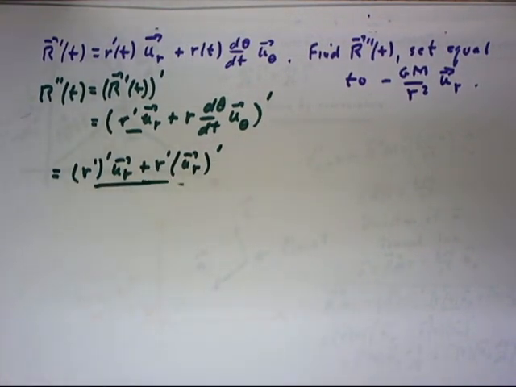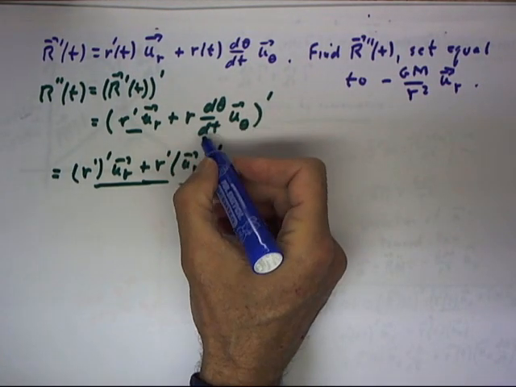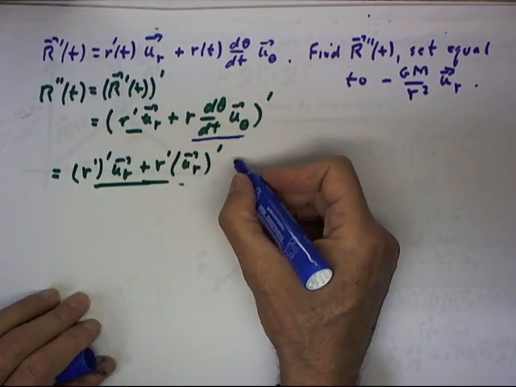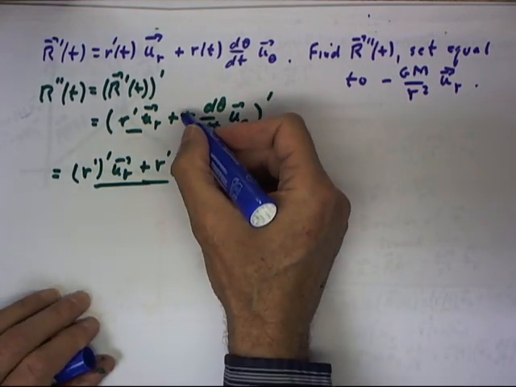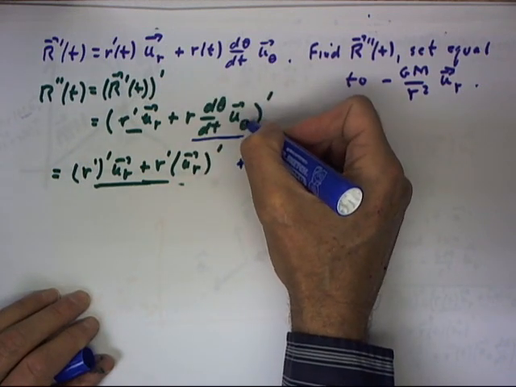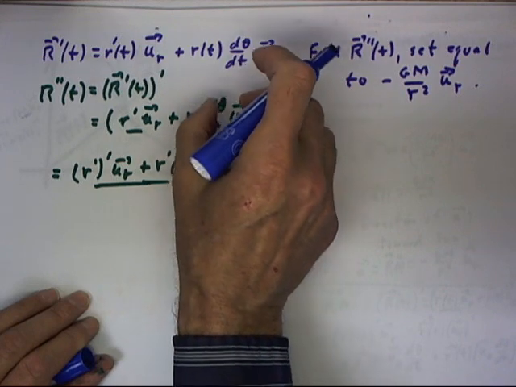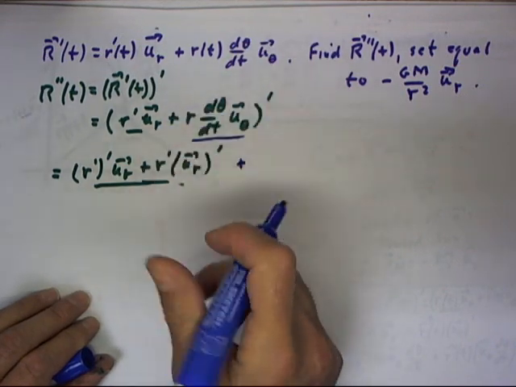Now, switching color, let's write out the derivative of this term. So that's going to be what? Let's regard this term as r times d theta dt u sub theta, a product of two functions, the second of which is this part of the function.